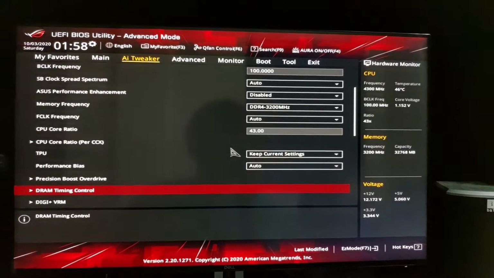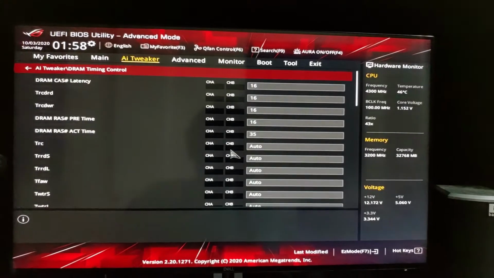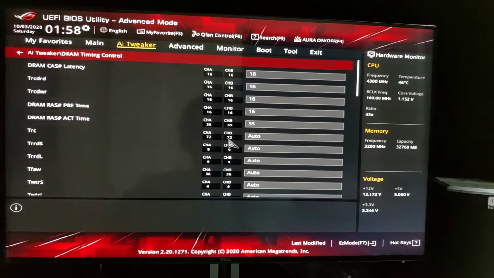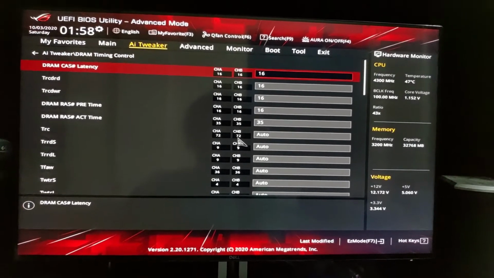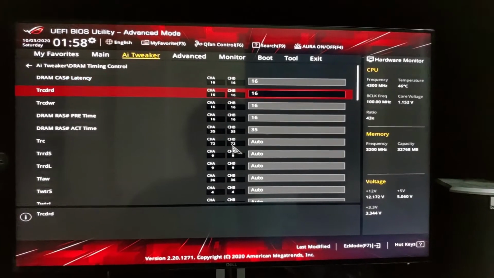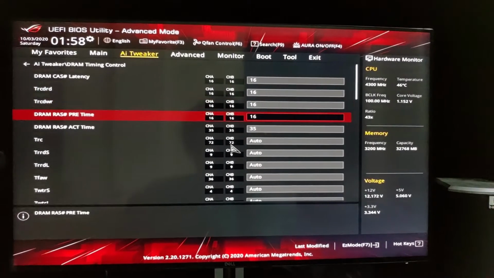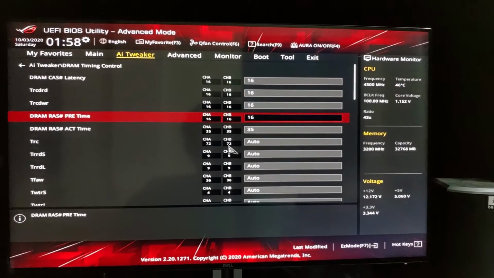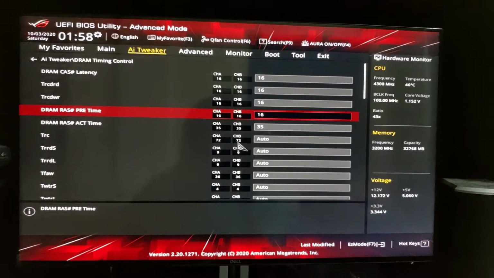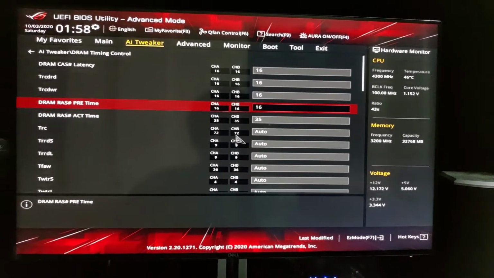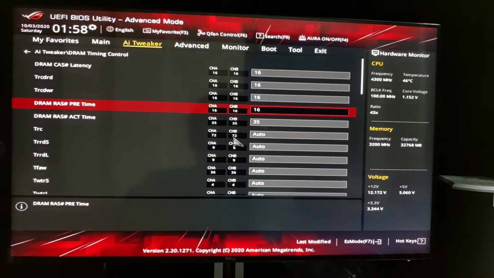So another thing I want to mention, and it is very useful, it's the DRAM timing control. Here you will find a lot of values, like you can see the DRAM CAS latency, TRC, TRD. Okay, these are various timings. I am going to explain it in the easiest way possible.